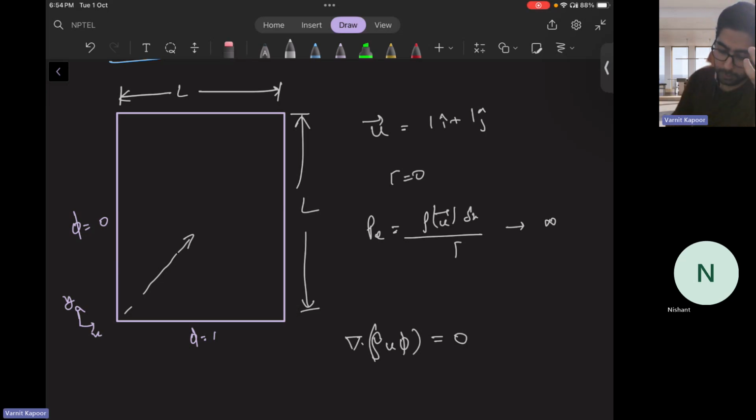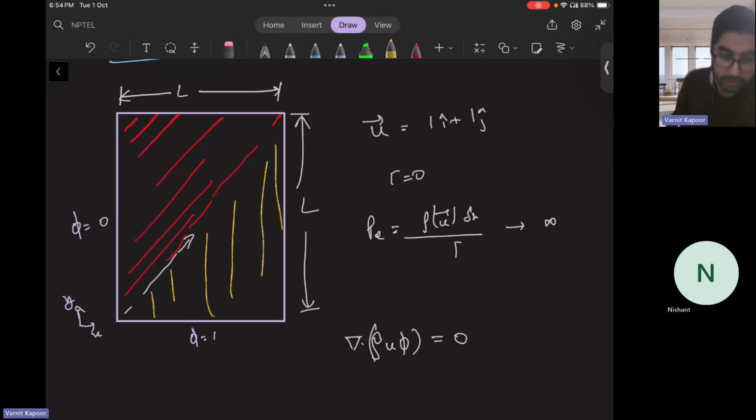If you observe this section, the region above has phi equal to 0, whereas this region is phi equal to 1. So at this 45 degree line there is going to be a jump from phi equal to 0 to phi equal to 1, because the change is from 1 to 0.